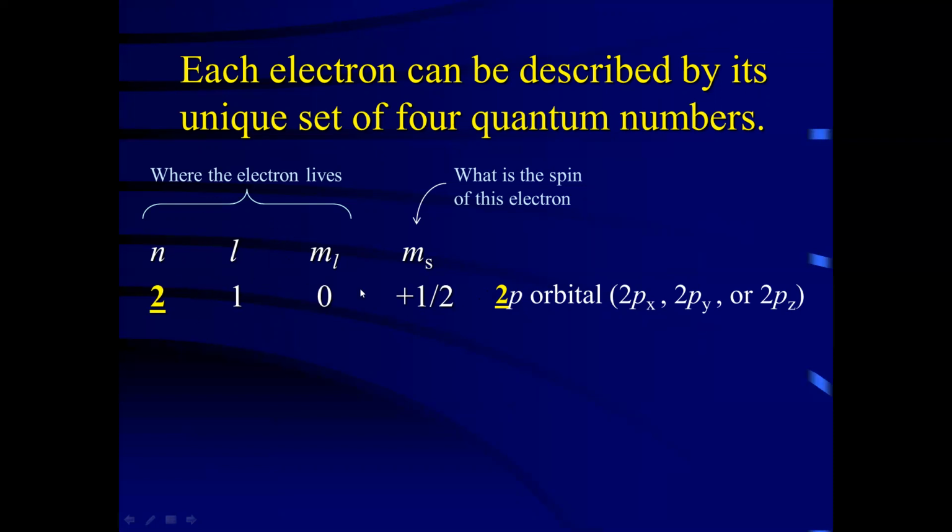In short, these 3 quantum numbers determine where you can find electrons. The last quantum number tells us whether that electron spins one way or the other, positive or negative.